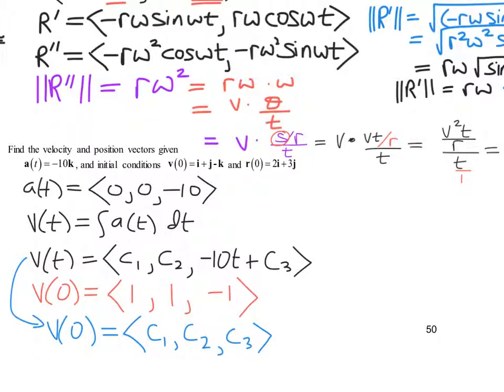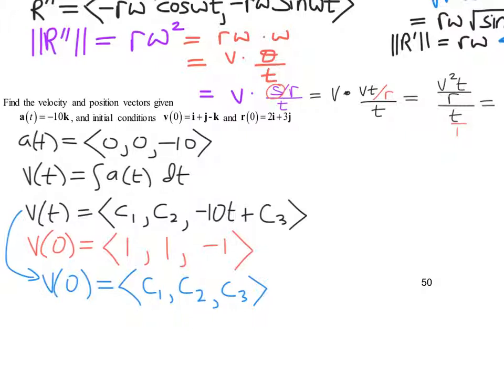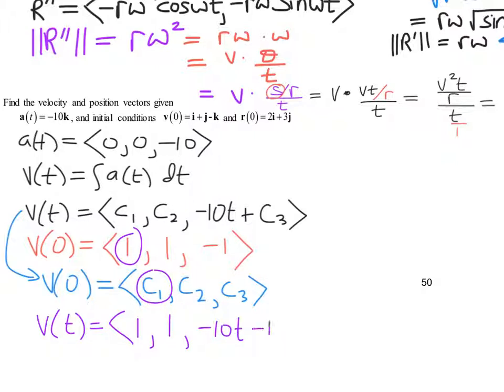All right, so that's telling me that v of t, in reality, is equal to, we know C sub 1 is equal to 1, 1, and then we have negative 10t minus 1. All right, so the constants are the easy part. They get replaced, although I almost screwed it up, so maybe they're not that easy.